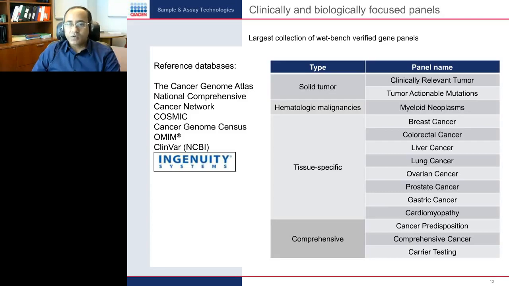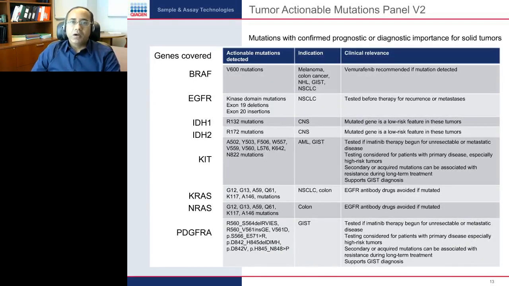Just to give you an example, I have listed the genes and the mutations which we are covering for the tumor actionable mutation panel. This is a hotspot panel which covers the mutations listed here, and all these mutations originate from the 8 genes listed here.